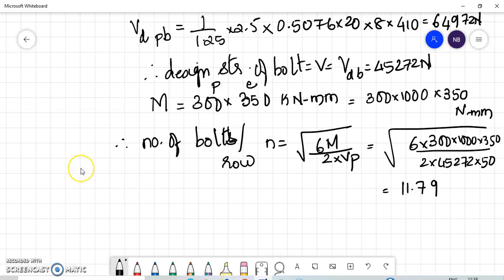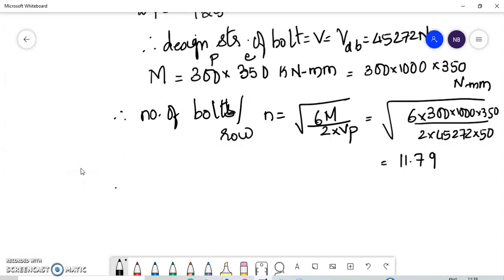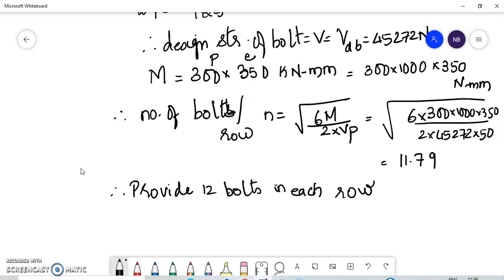So we round it to 12 bolts in each row. Okay, so the total number of bolts would be 12 in one row, and we have two rows, so it will be 12 plus 12, 24.